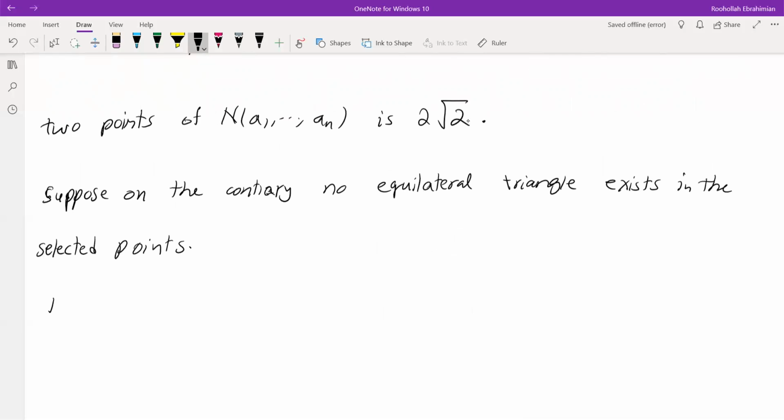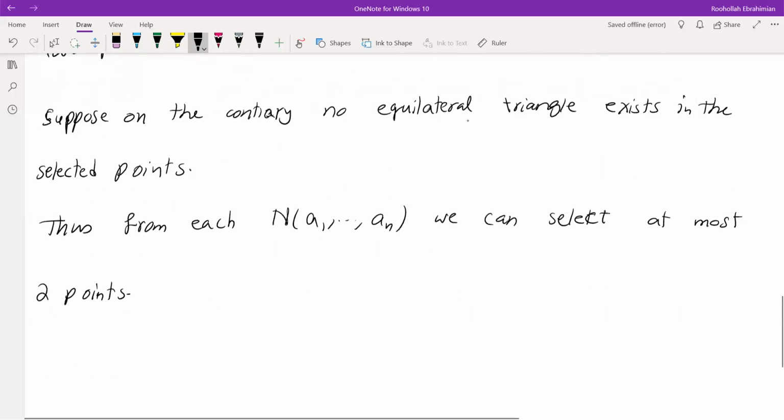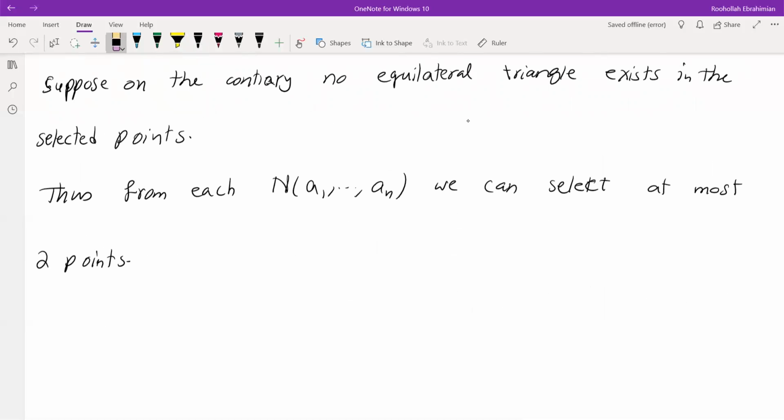Thus, from each set of neighbors of A1 through AN, we can select at most 2 points, because if you select 3, then that's an equilateral triangle.